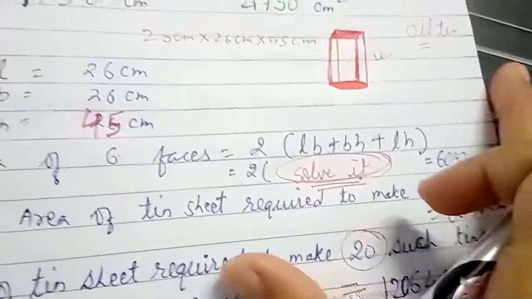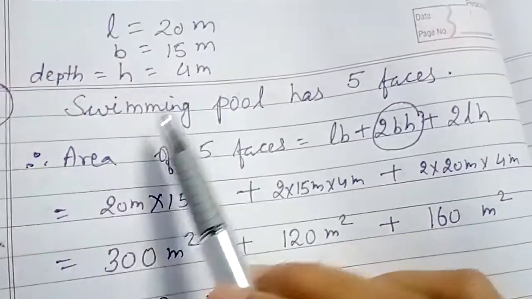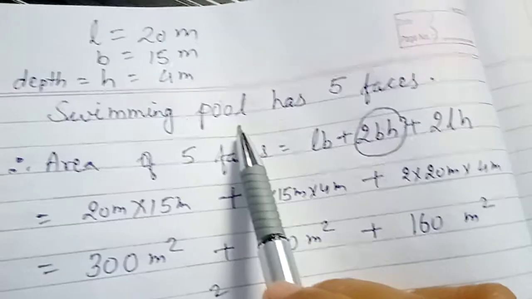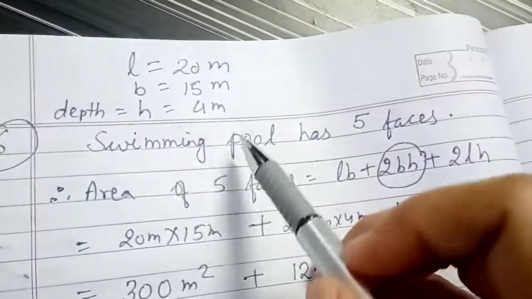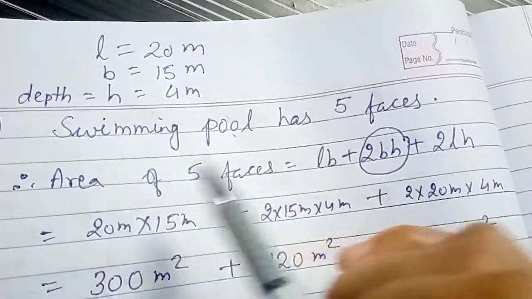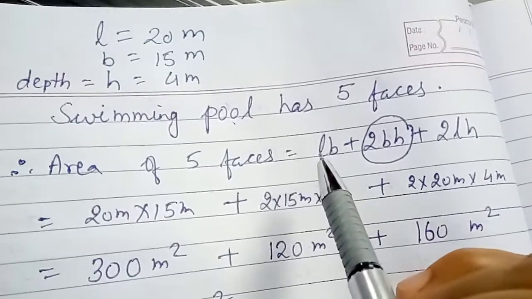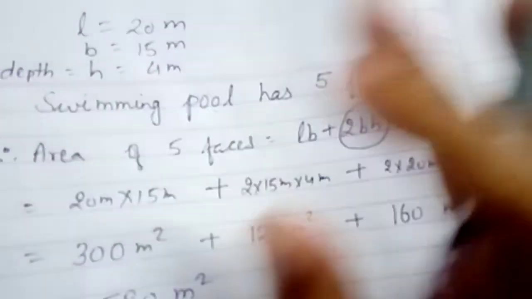Okay, next question. There is a swimming pool, and just see, swimming pool has 4 walls and a bottom, it doesn't have a top.